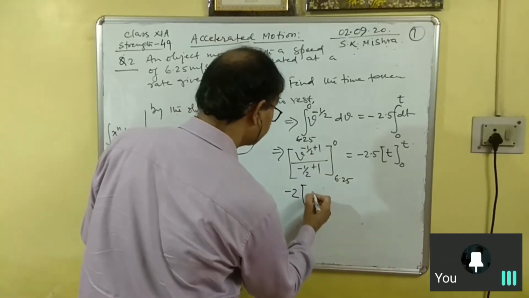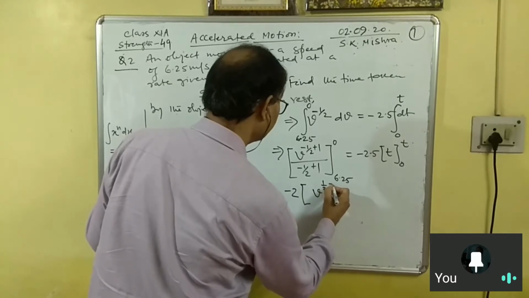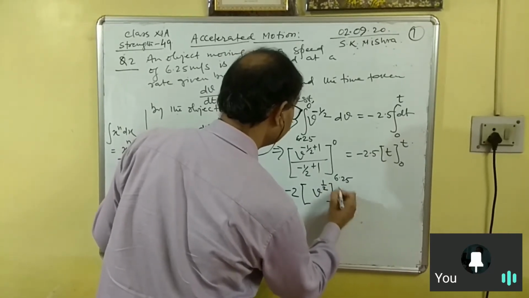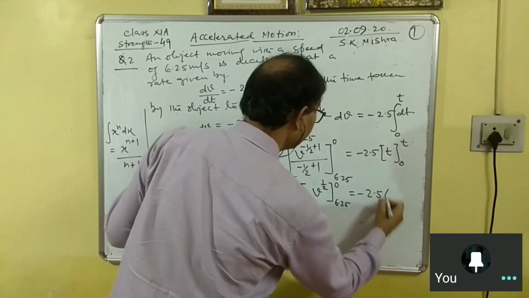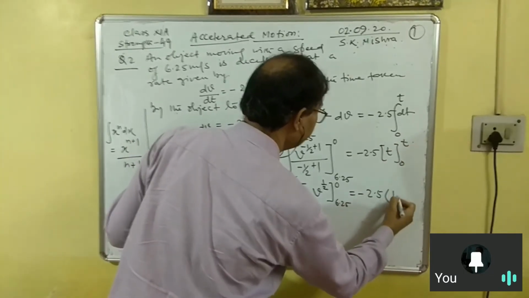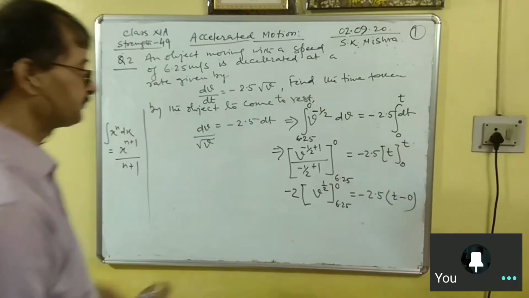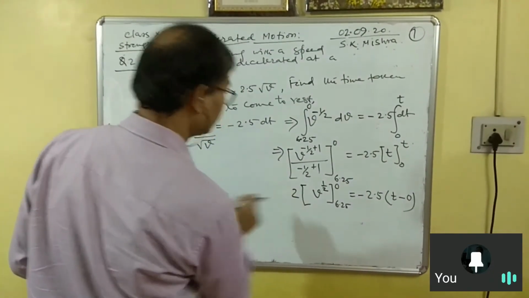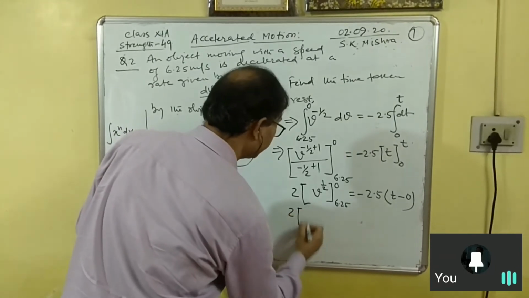So v raised to 1 by 2, the limit is 6.25 to 0, and then minus 2.5, and just put the limit t minus t0. Yes, it's only 2. So this is 2, and then we are putting the limit.